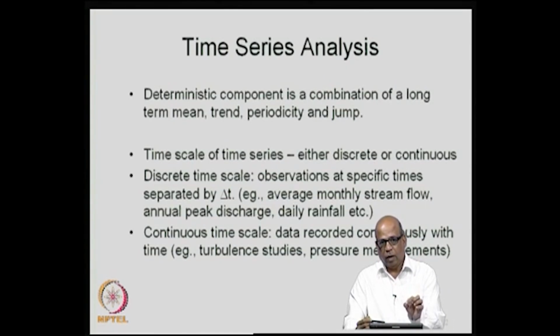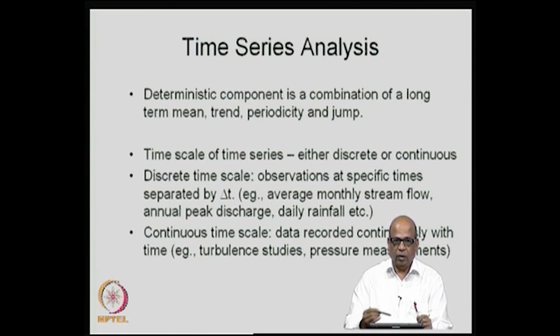So, like this, at every time you have one point, and there is a delta t, which is the time interval between two observations. Whereas, in the continuous scale, the data will be continuous. For example, when you are doing turbulence studies, pressure measurements etcetera in the laboratory, you will generate continuous data.